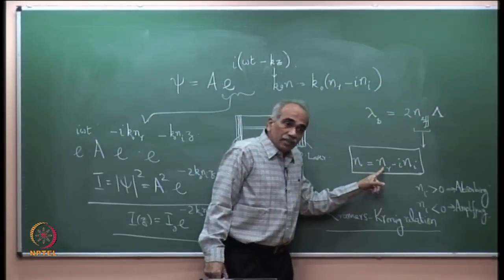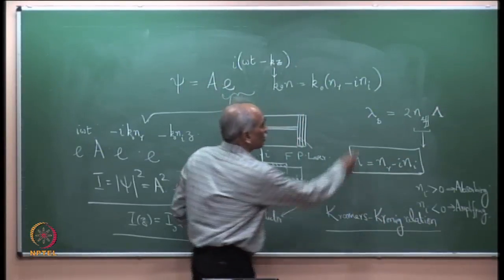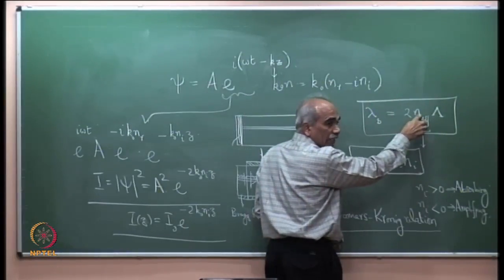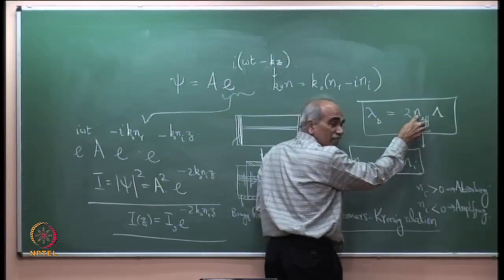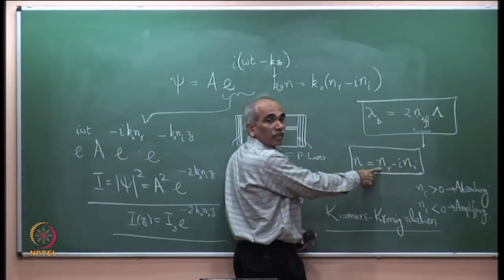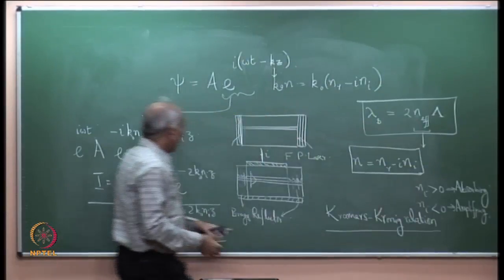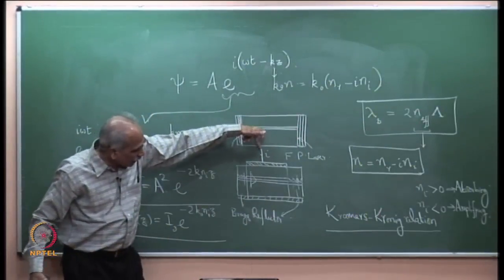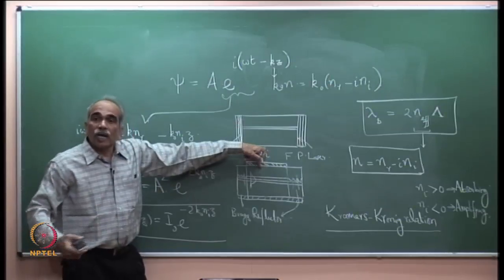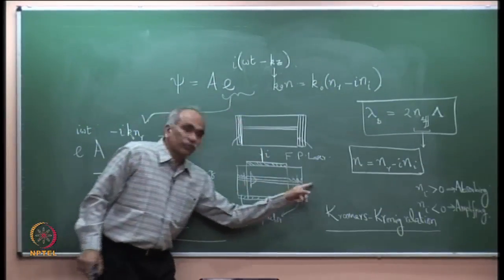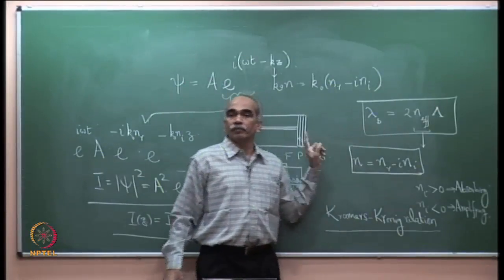If this changes, the frequency changes, because you see this was the real refractive index. So, if the real part of the refractive index changes, the frequency changes, and therefore, depending on the current here, if you have a larger current or smaller current, the frequency of the light gets shifted.